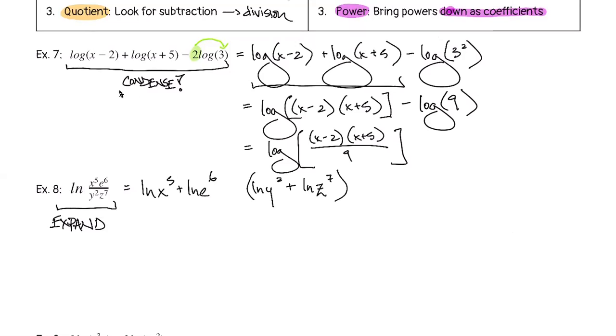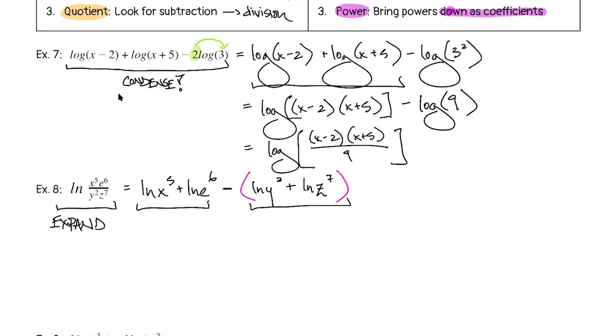So do you see how y squared and z to the 7th are multiplied together, but they're both in the denominator? That's why I put these parentheses around here. Okay. Because how should I connect this first part to the second part? Like, what property am I using? Yeah, it's subtraction. Okay. So we're going to put a subtraction sign in here.